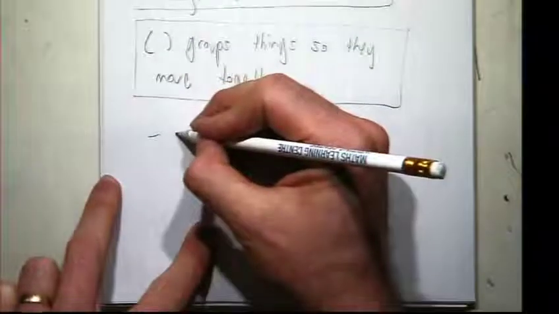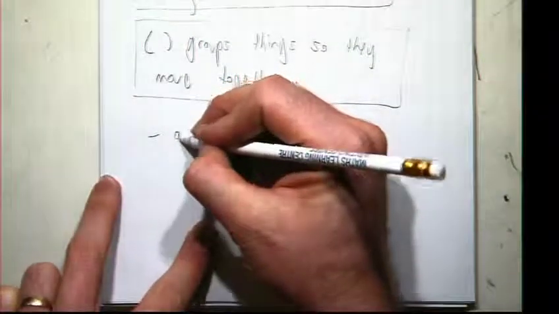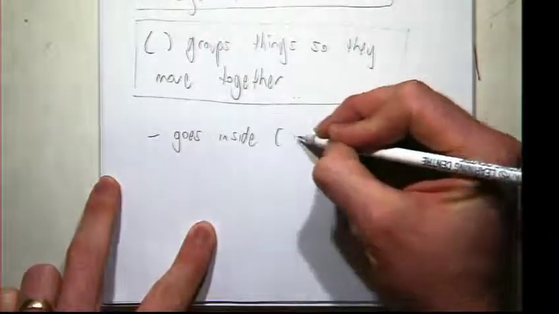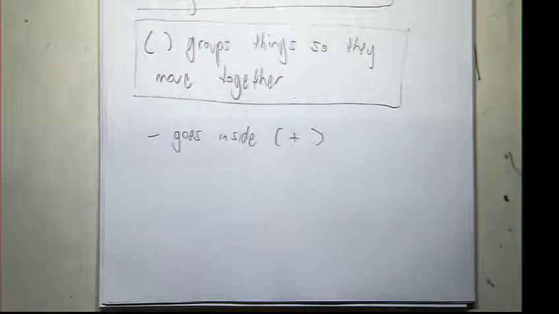I'm actually going to write that down on the paper so that it's written properly, so that it can be recorded. So minus goes in brackets where there's plus.